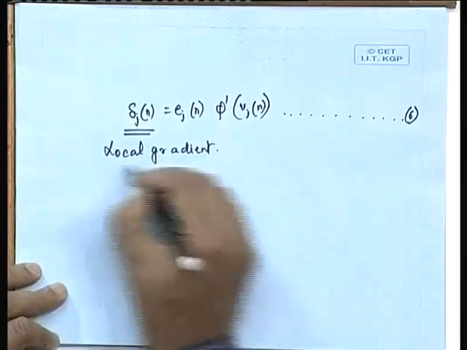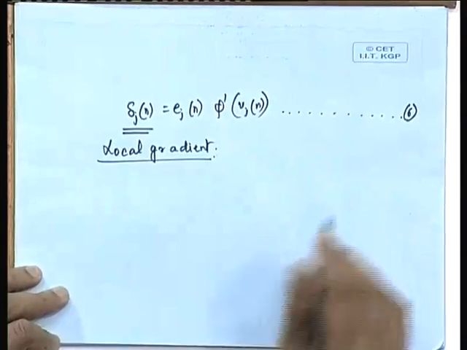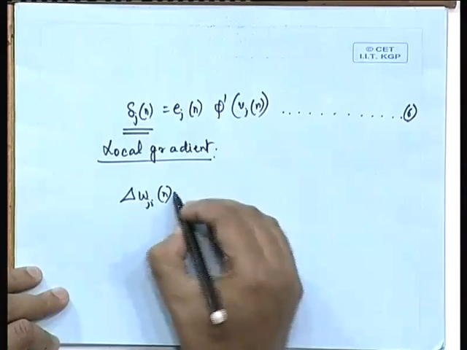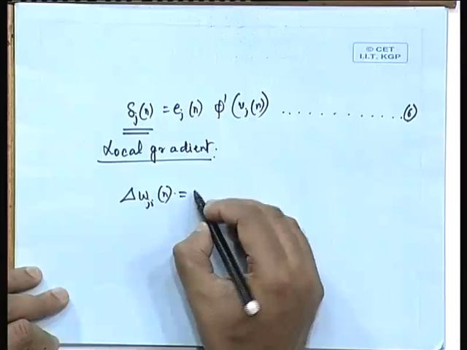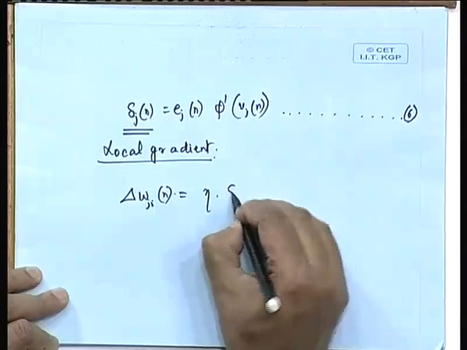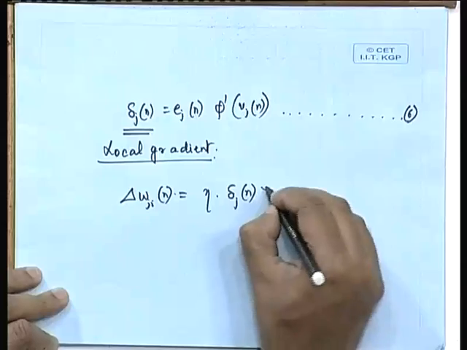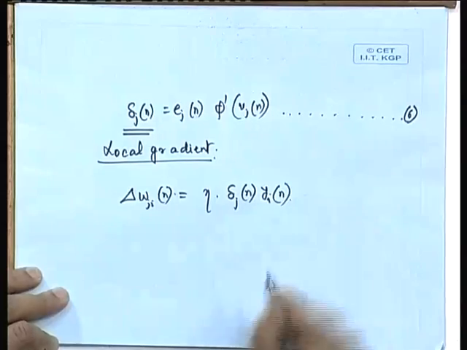Okay. So, with respect to the local gradient, we can express the change of weight that takes place, that is delta Wji n is equal to eta, the learning rate, times delta j n, that is the local gradient, times Yi n, which is the input.